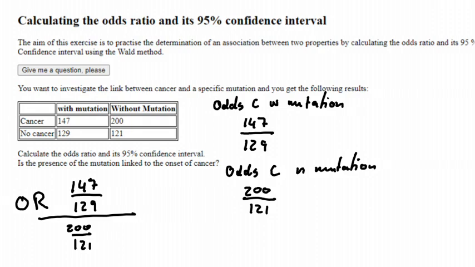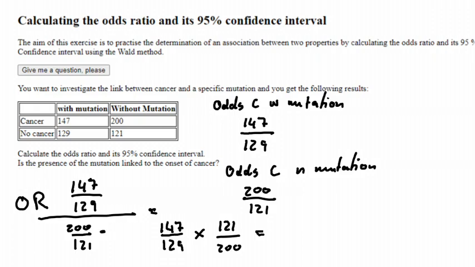And we know that we can divide two fractions by standing one on its head and giving it a kiss. This is how my daughter phrased it. So this would be 147 over 129, and we stand this one here on its head, so 121 over 200, and give it a kiss.